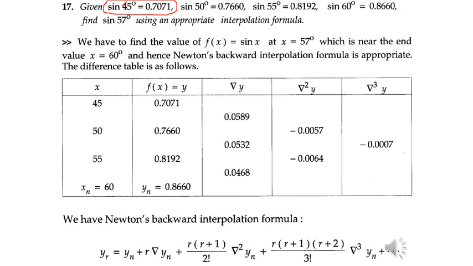So these 45 degree, 50 degree, 55, 60, all these you can take as x values. See, here we have taken them as x values here, and the respective functional values, that is 0.7071 here, and this value, and this value you can take in the y column here.